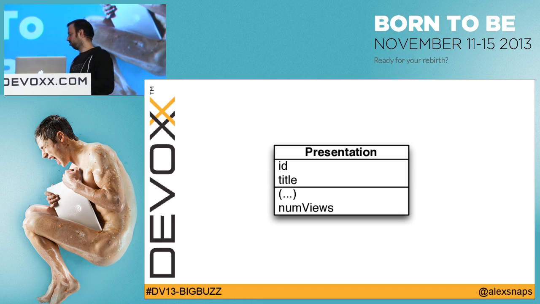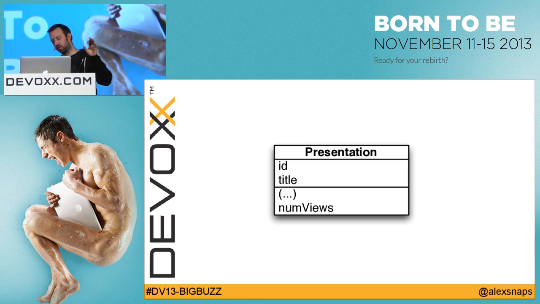And it seems very sensible to put something that's called the number of views that this presentation got. Right? So what this implies is that every time somebody hits the detailed view for this presentation, I need to do a write to the database, right? So that's actually a pretty write-intensive use case, right?